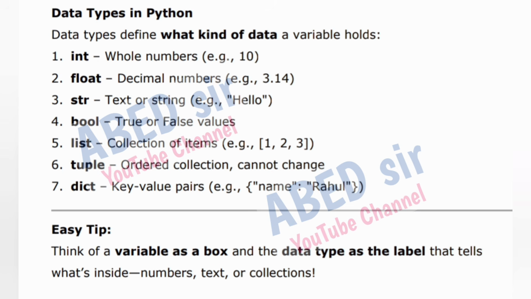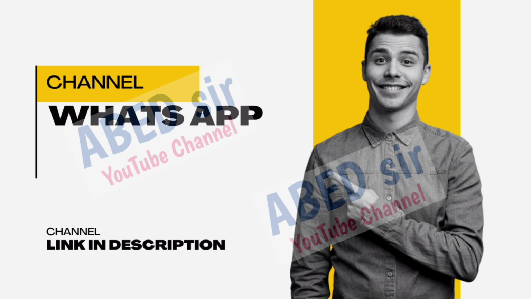List, collection of items, example, 1, 2, 3. 6. Tuple, ordered collection, cannot change. 7. Dict, key-value pairs, example, name: Rahul. Easy tip: think of a variable as a box and the data type as the label that tells what's inside, numbers, text, or collections.